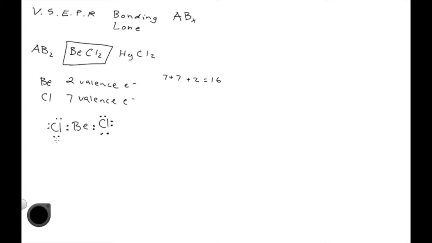So now we have the Lewis structure of our molecule, beryllium chloride. And if you want to draw the covalent bonds using bond lines, we can redraw it like so. We take any covalent bond and replace it with a bond line.